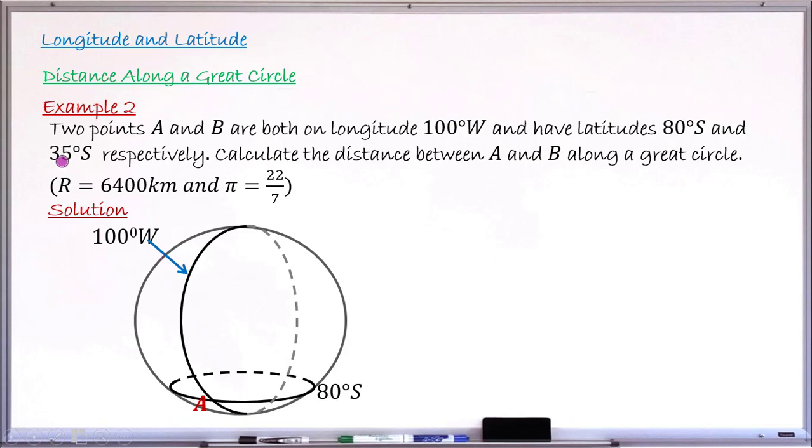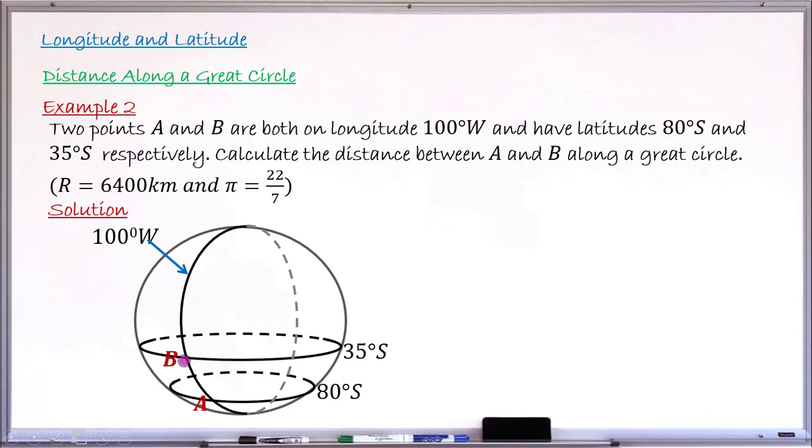As this angle 35 degrees is smaller than 80, latitude 35 degrees south will be somewhere here on top of this 80, not below it. So let me just draw it. Assume this is my latitude 35 degrees south. Where that latitude crosses longitude 100 degrees west, that will now be the position of the point B.